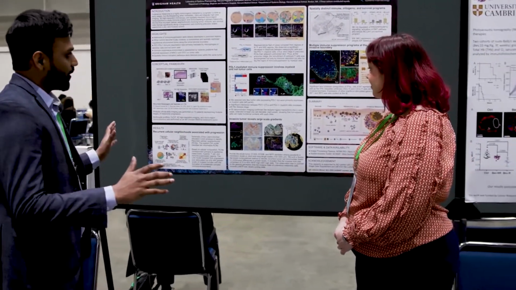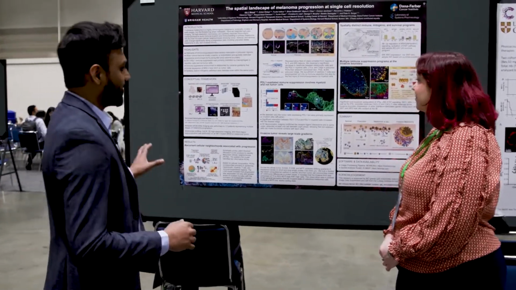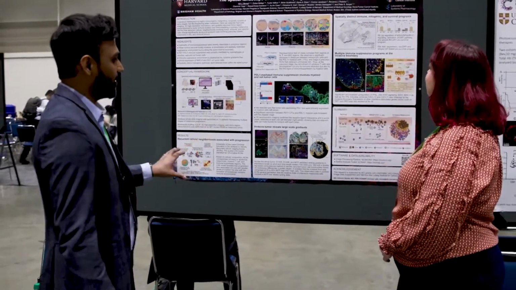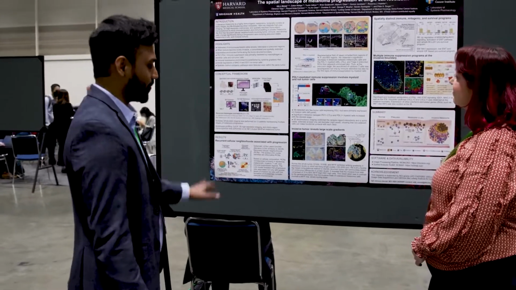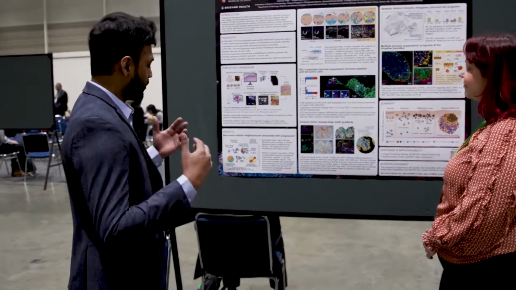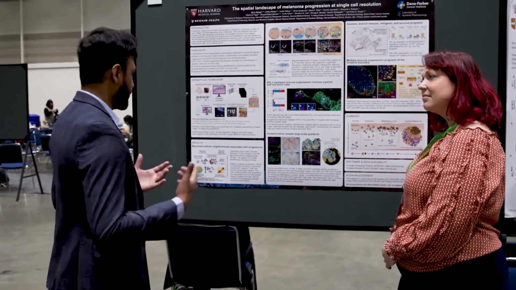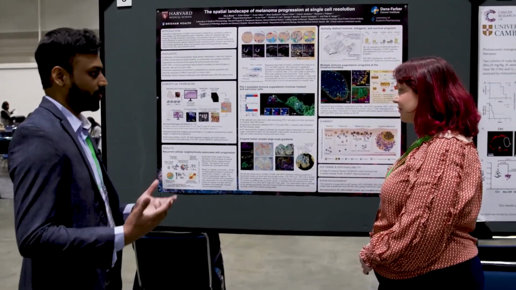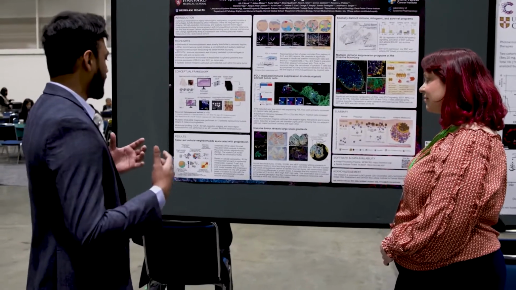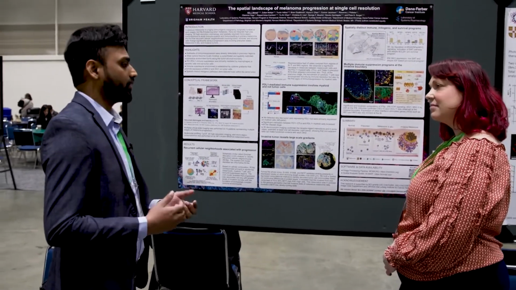As I said, this is more of an atlas work, so I've highlighted a few vignettes that I thought were interesting in this poster. To start with, we built a computational algorithm which uses latent Dirichlet allocation modeling, a method to identify recurrent cellular neighborhoods or communities.